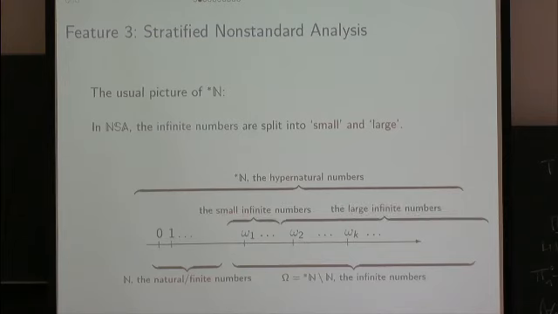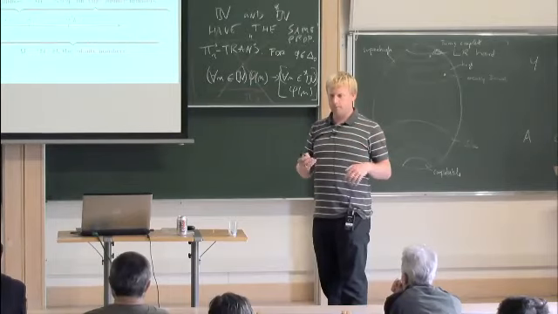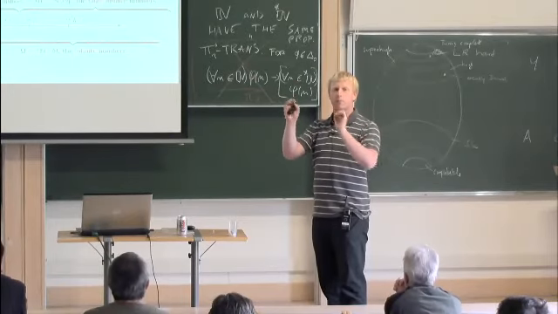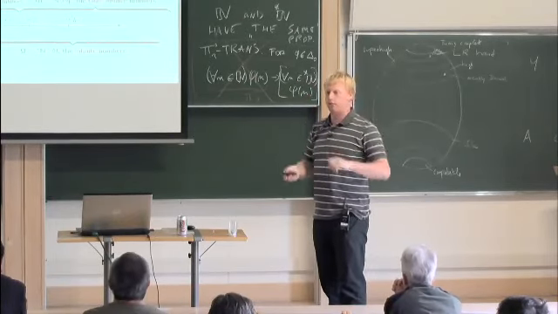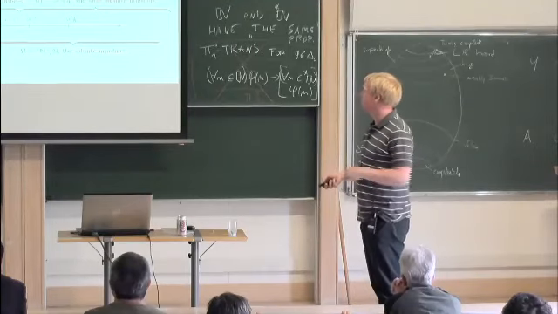So here we have the infinite numbers, and some initial segment is small and the rest is large. And N_1 is just the natural numbers and the small numbers. Omega_1 is *N minus N_1, the large infinite numbers. So we have finite, infinite, and infinite has a little bit more structure, namely small and large. Two levels of infinity, if you like.